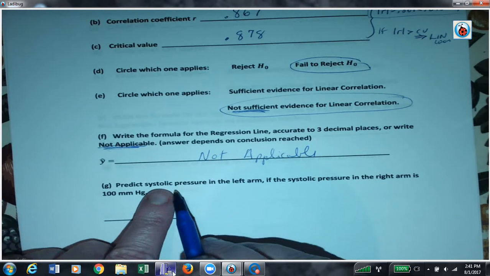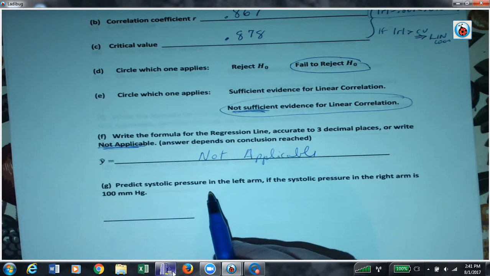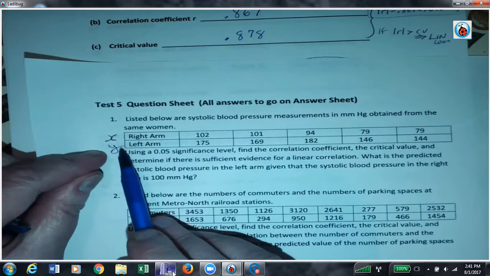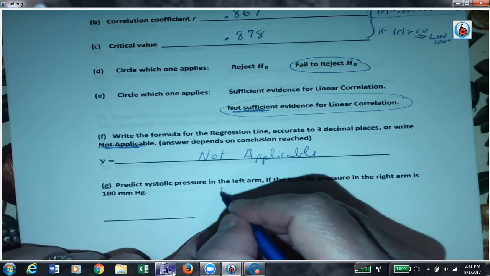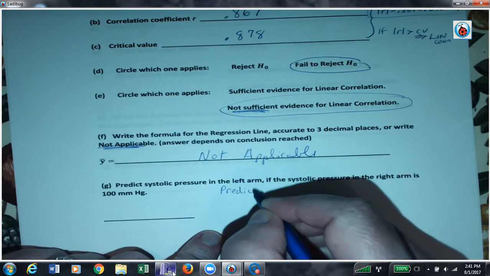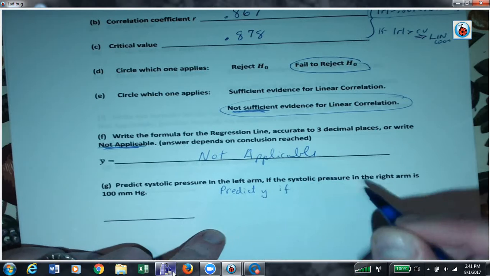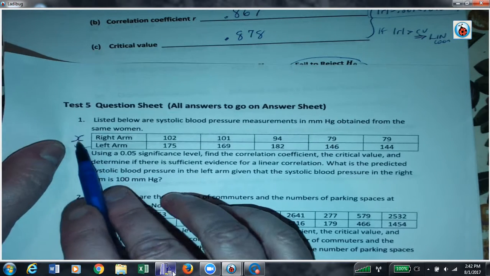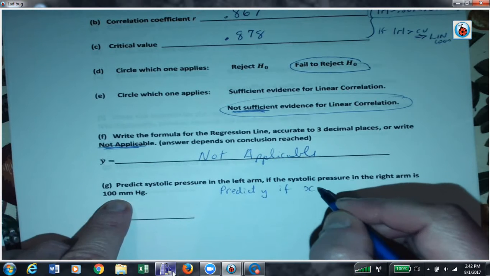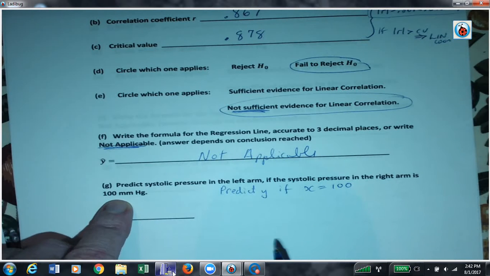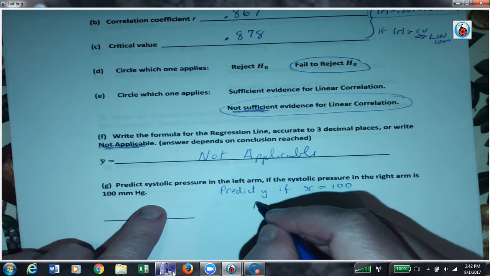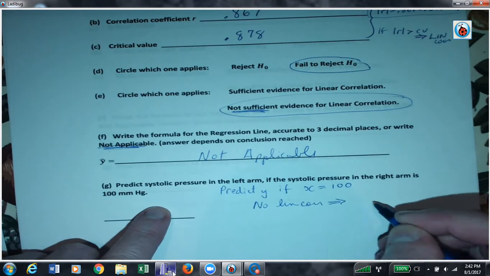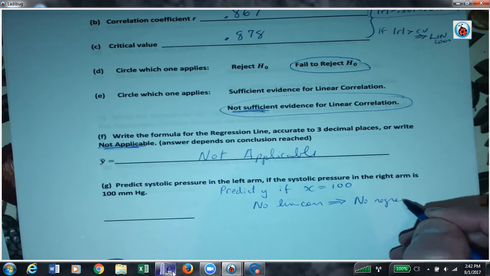Now, predict the systolic pressure in the left arm. The left arm was the Y values. So we're supposed to predict Y if the systolic pressure in the right arm was an X value, if X is equal to 100. Well, there was no linear correlation, so there's no regression line.